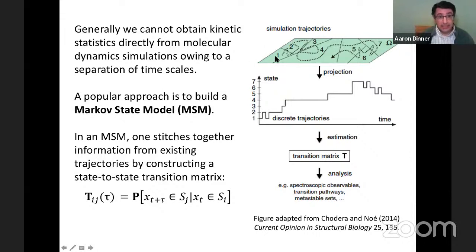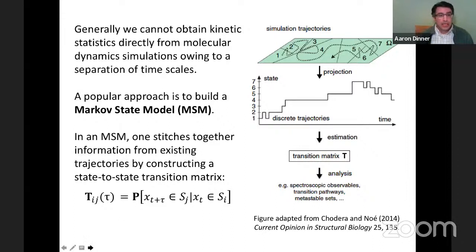You bin the trajectories into those states, and then you determine the state-to-state transition probabilities. Once you have that transition matrix, then in principle, at least at the coarse-grained resolution, you can calculate the full evolution of the system, and so any quantity that you might want.